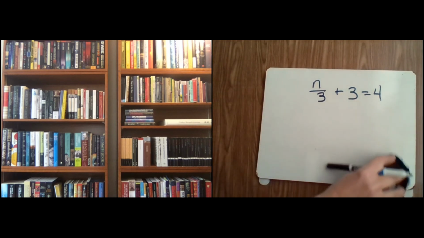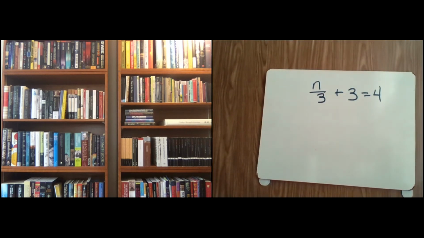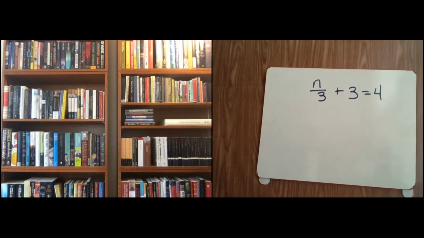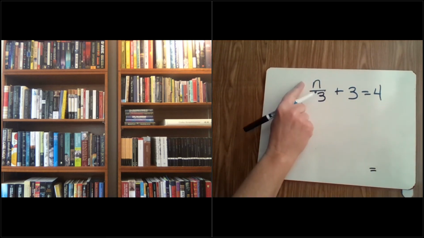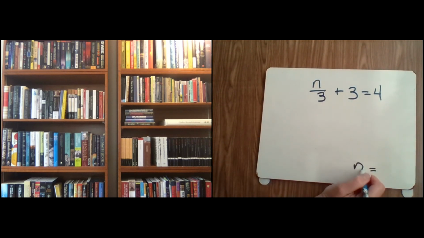When I've got a multi-step problem, the first thing I want to think about is which side I want my n's on and which side I want my values on. I only have one n, so I want to leave it on the left side, and all of my numbers will be on the right side.